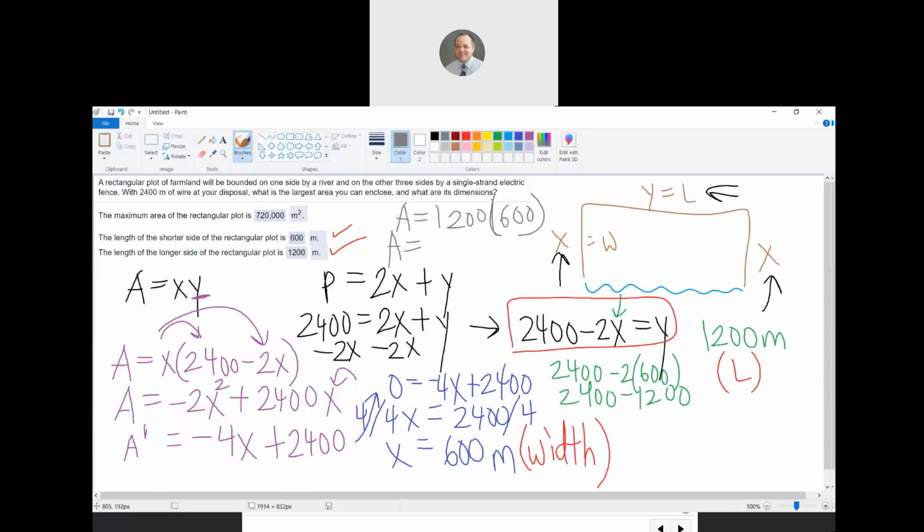So the maximum area you can enclose is 720,000 square meters. Bottom line, you may have to modify a traditional formula like we did for the perimeter.